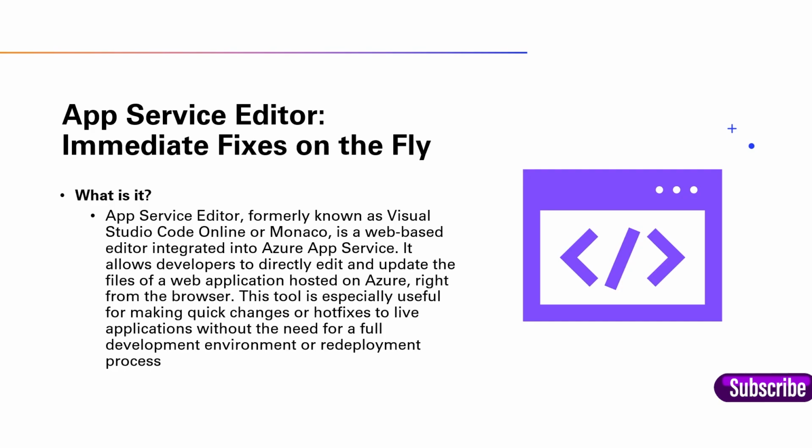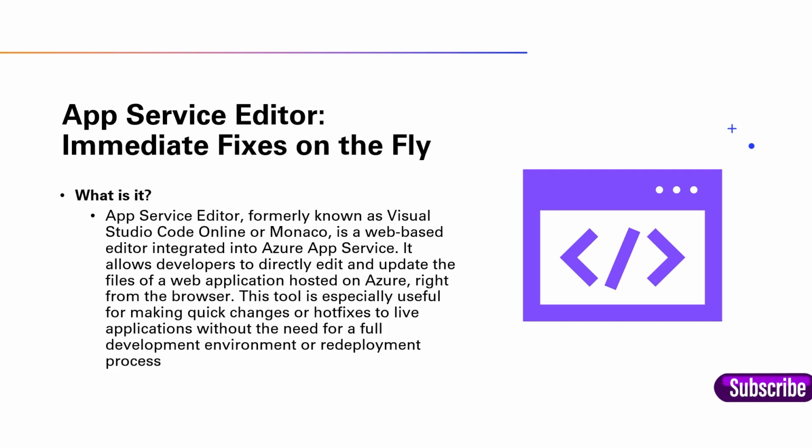Once we have already deployed code to Azure App Services, if we want to make minor changes, we can go ahead and change them without going through the full development cycle or redeployment process, because it might be too urgent, right? Maybe something is happening with the site, it is down. If we wait for all the processes, it might take more time, right? If something has come up in terms of security and we want to fix it as soon as possible, we can utilize this feature, right?